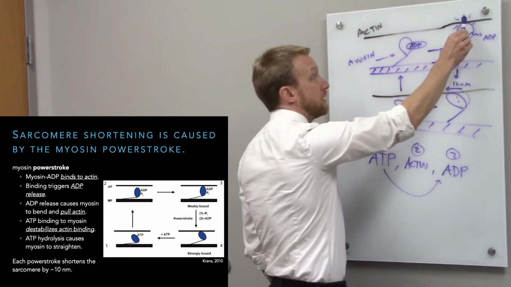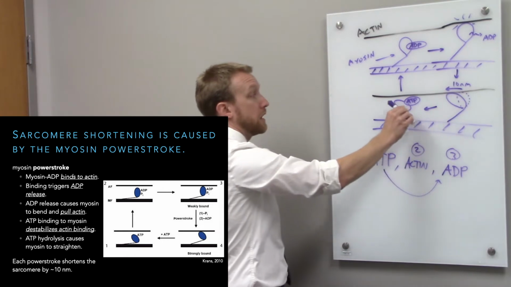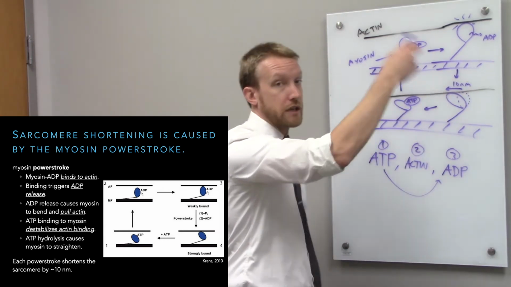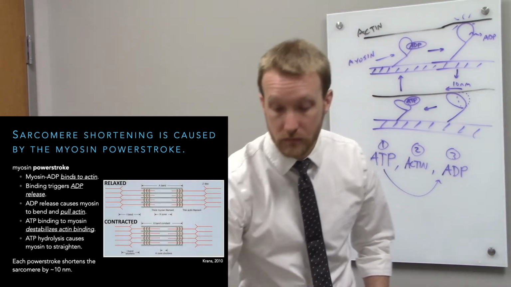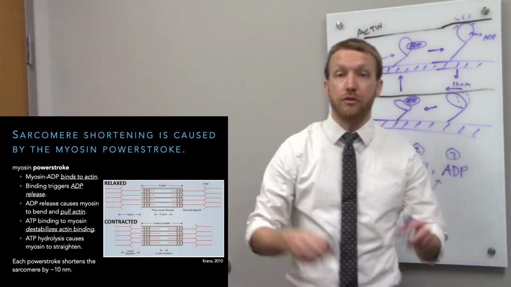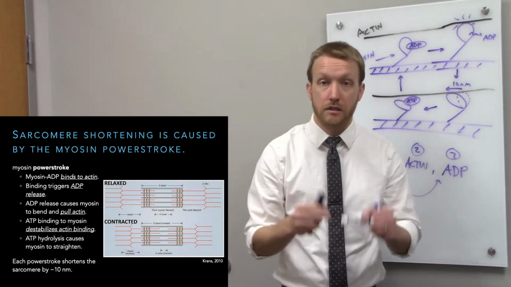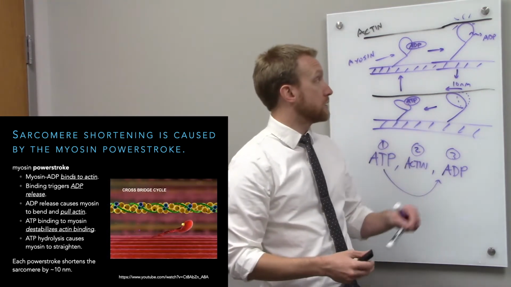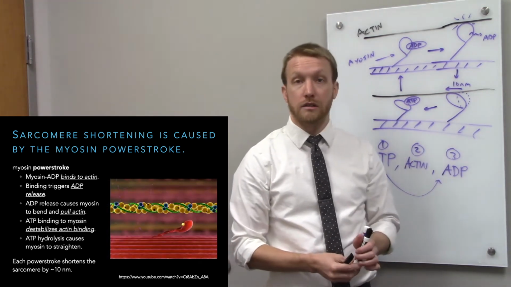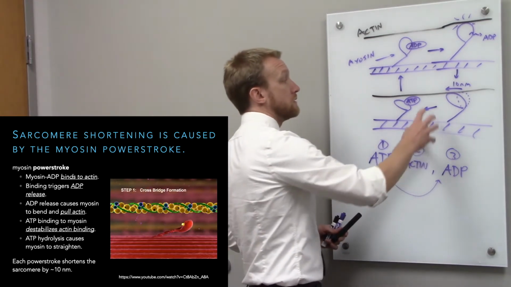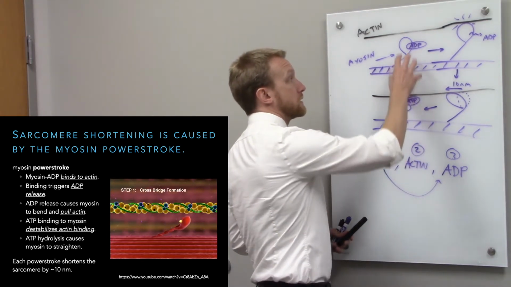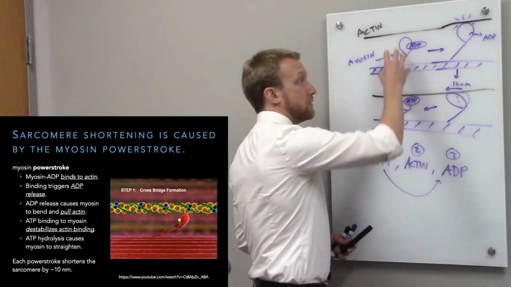Then we can bind again, let go, pull, bind ATP, and the whole cycle continues. And that's what's going to drive the shortening of sarcomeres. So muscular contraction occurs because of the hydrolysis of ATP by myosin. It's going to drive changes in its shape.